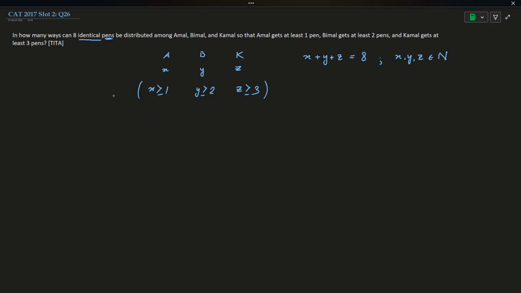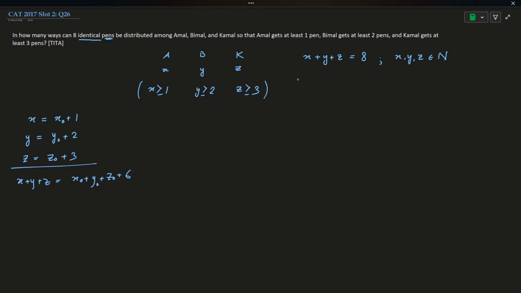All right. So I can write this as, let's say X equal to X naught plus 1, Y is equal to Y naught plus 2, and Z is equal to Z naught plus 3. From here I can say X plus Y plus Z will be X naught plus Y naught plus Z naught plus 6.